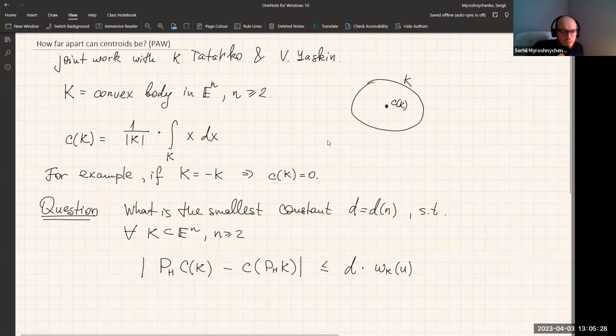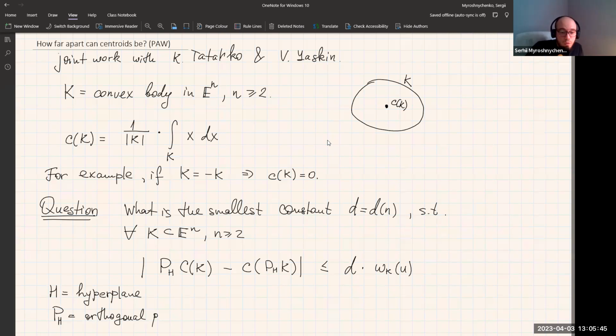So let's explain the parts here. H would be, for now, let's think about a hyperplane or hyperspace. P would stand for orthogonal projection, and if we write subscript H, it means an orthogonal projection on H. The centroid we already defined. It's well known that if you take a convex body and project it, it will remain convex.